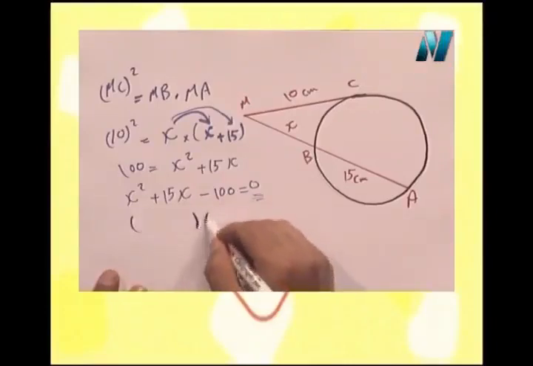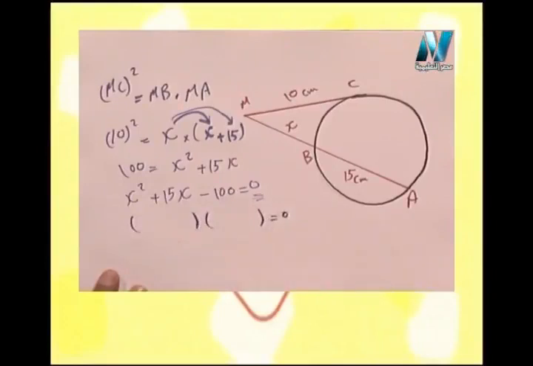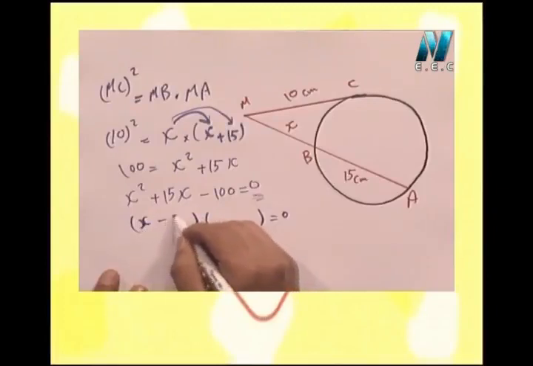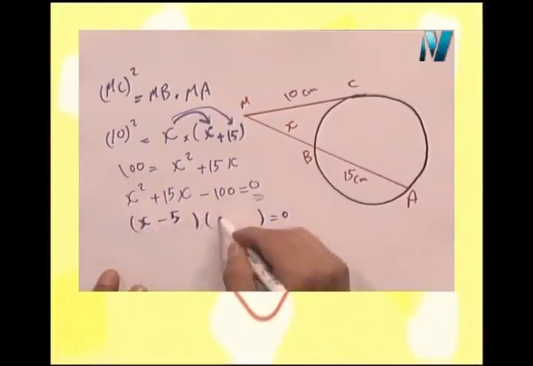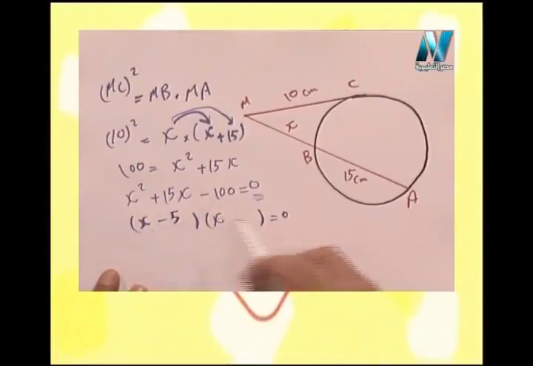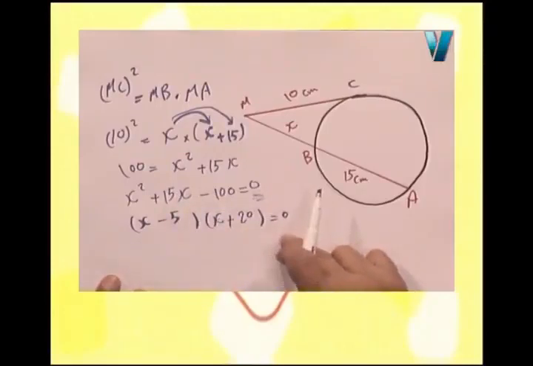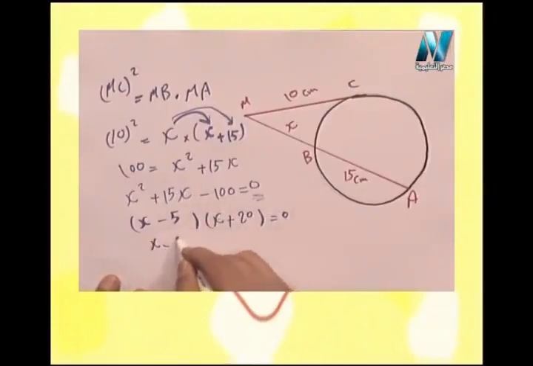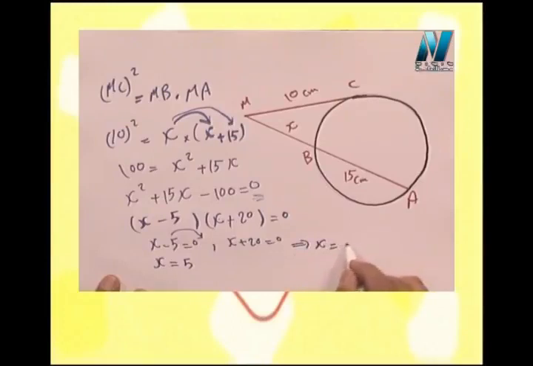By factorizing or using the formula, we find X minus 5 and X plus 20, since 100 is 5 multiplied by 20, with one negative and one positive. They equal 0, so X minus 5 equals 0 and X plus 20 equals 0. So X equals 5, and here X equals negative 20.